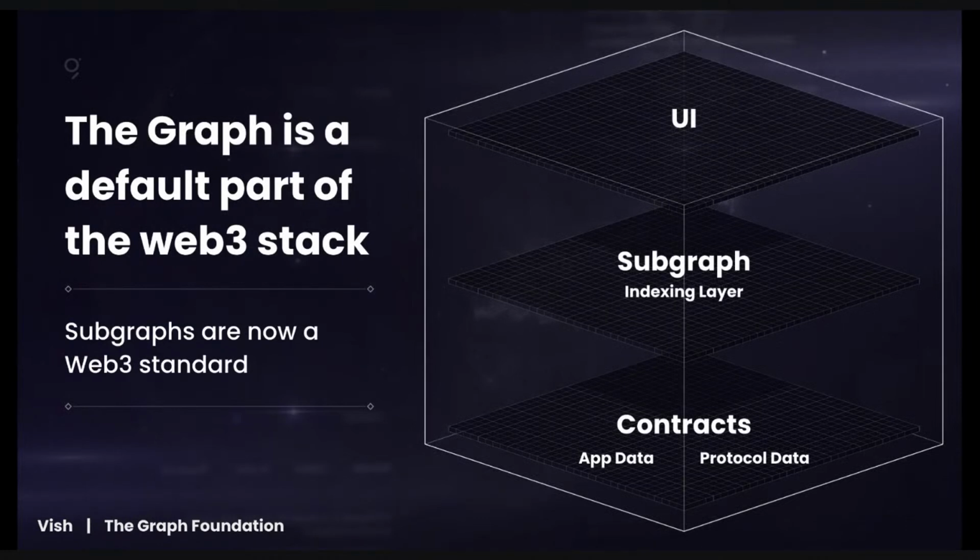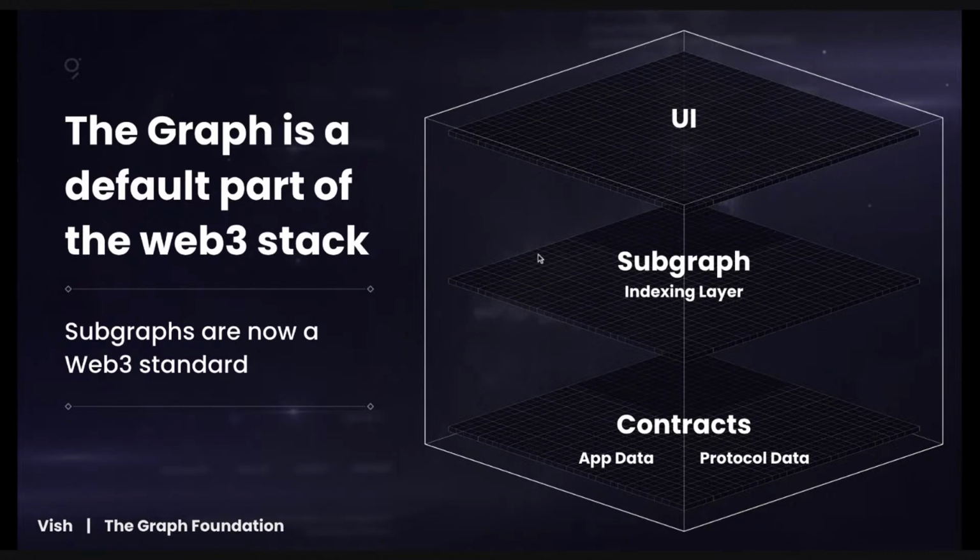Now, with subgraphs as the main API layer, as you can see, I love this diagram. It helps us learn visually, and I love how it describes the three main layers in your stack when you're building a dApp. The first one is the UI layer.